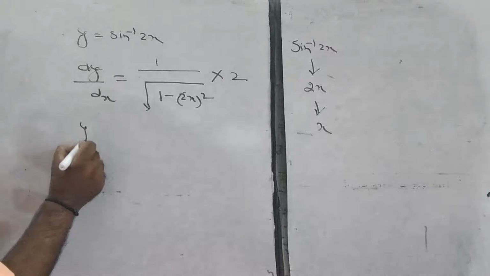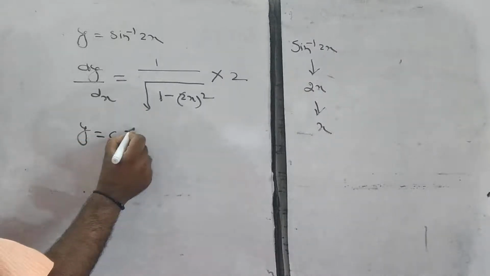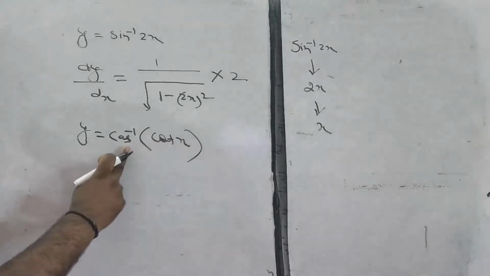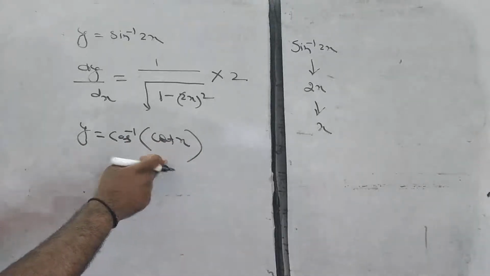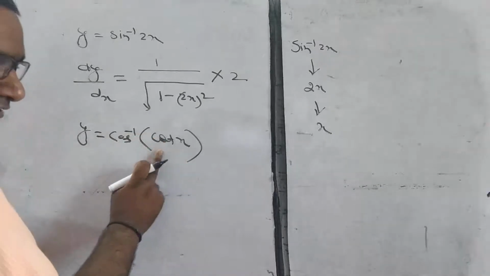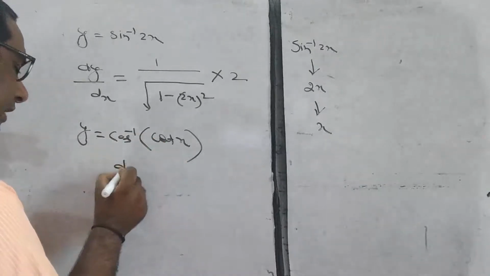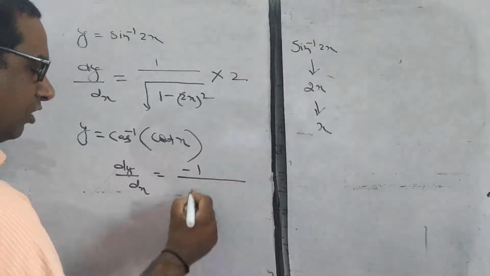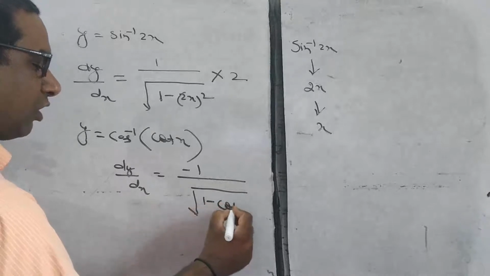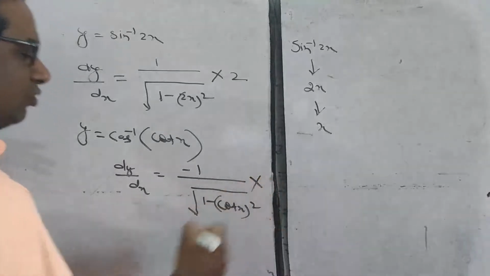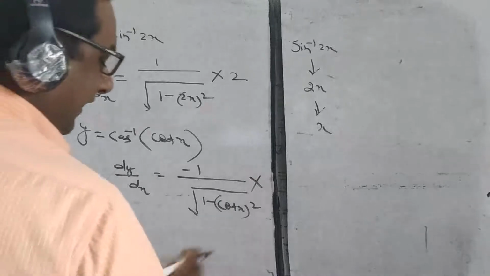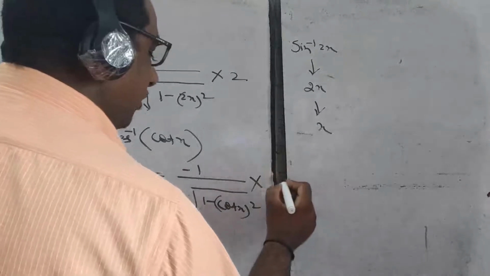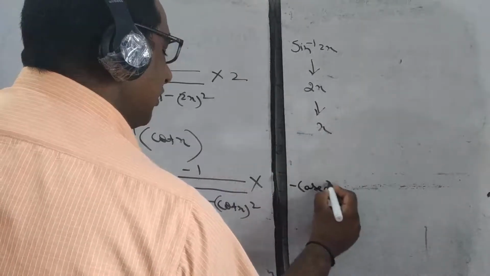Now y is equal to cos inverse cot x. So what is the formula for cos inverse x? Here x is replaced by cot x. So dy by dx is equal to minus 1 upon under root 1 minus cot x whole square, into the differentiation of cot x, which is minus cosec square x.